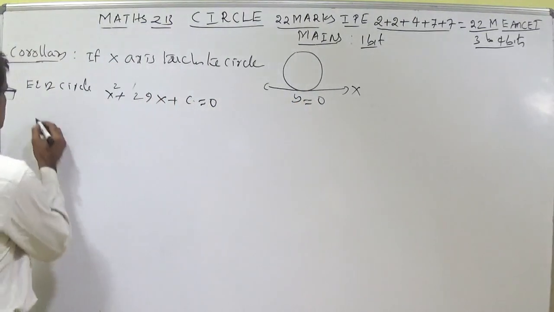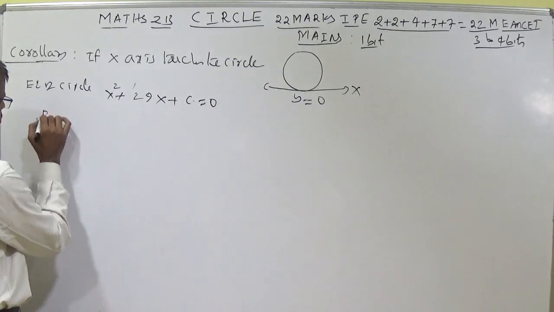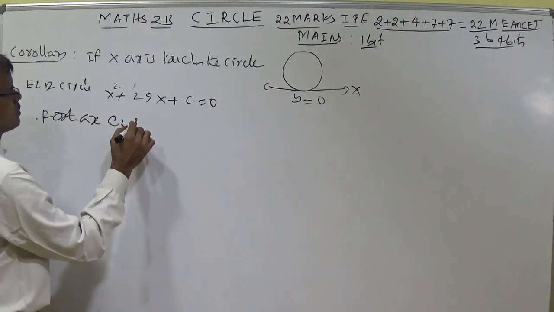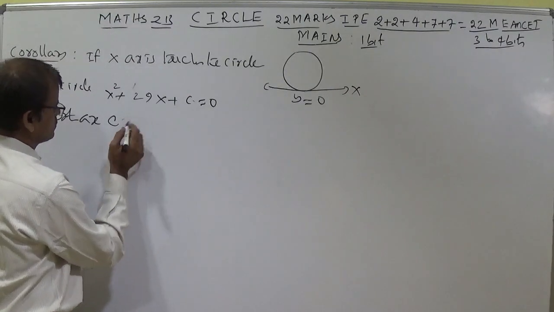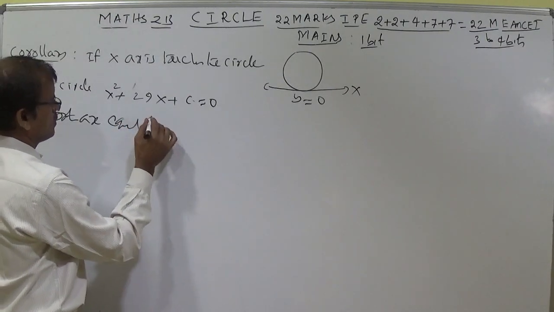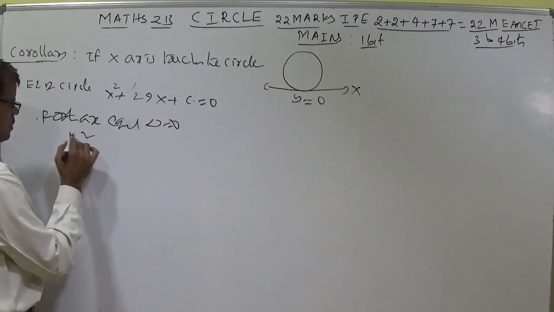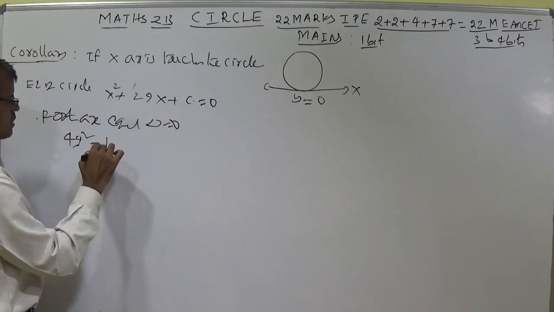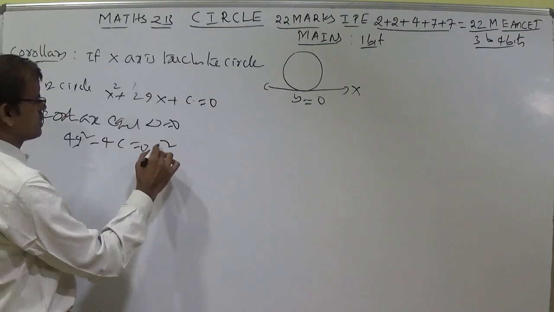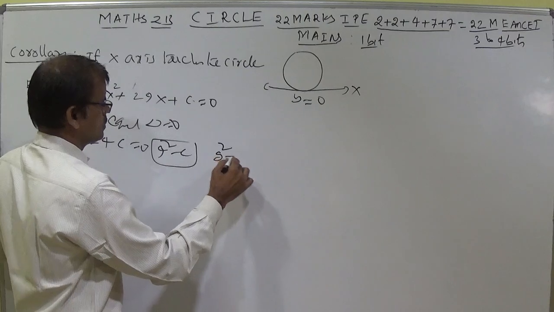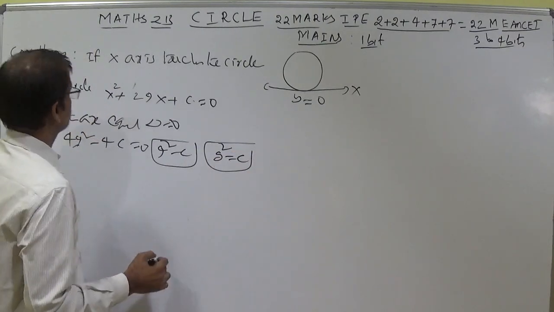So the roots are equal. Whenever roots are equal, put delta equal to 0. Delta equal to 0 means 4g square minus 4c equal to 0, so g square minus c equal to 0. Put g square equal to c.